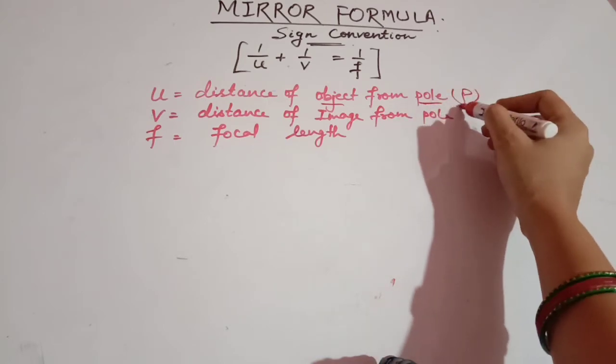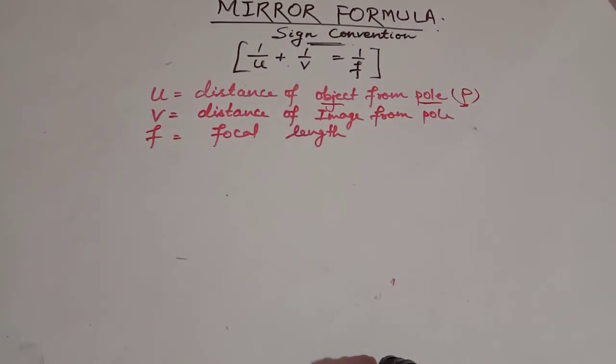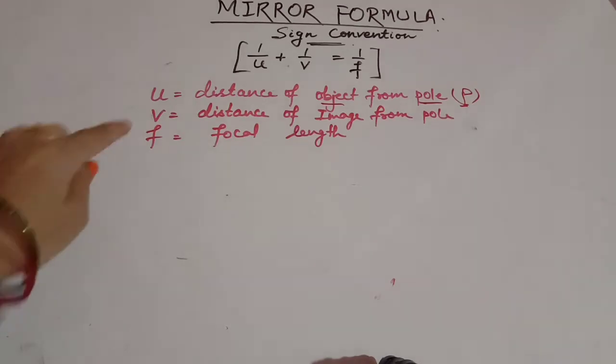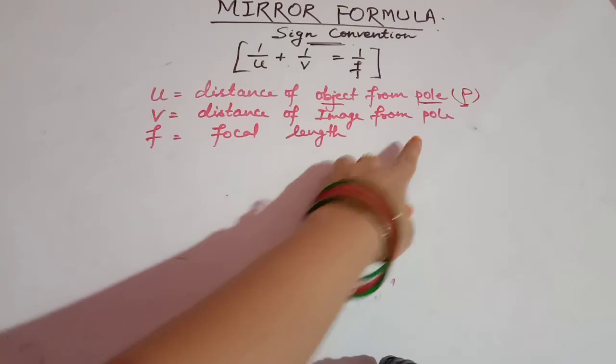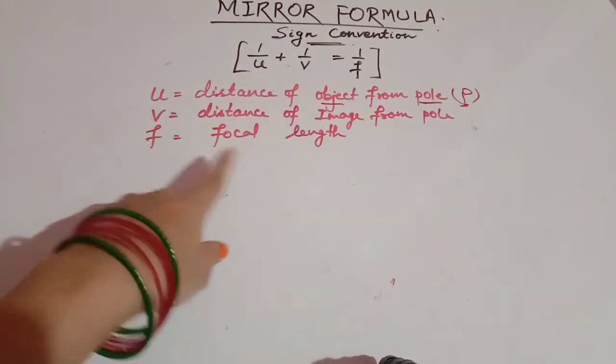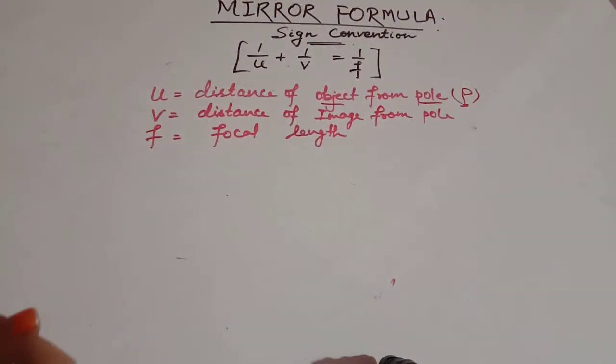So from the pole, P, to where your object is placed, that distance is u, and the distance of the image from the pole is v, and f is the focal length. Now understand in which case you have to take u negative, v negative, or in which case you have to take these things positive.